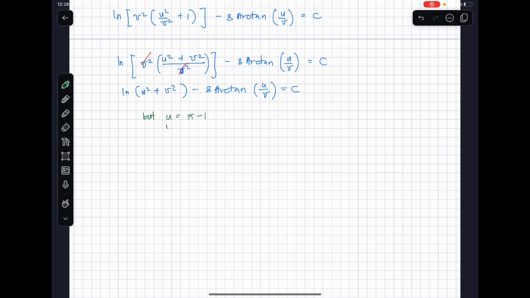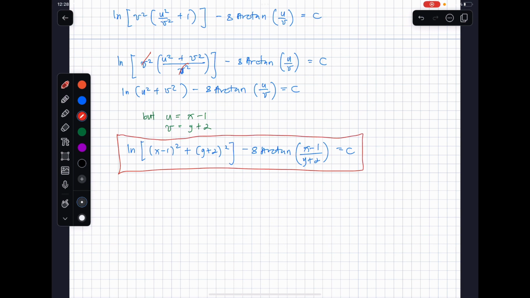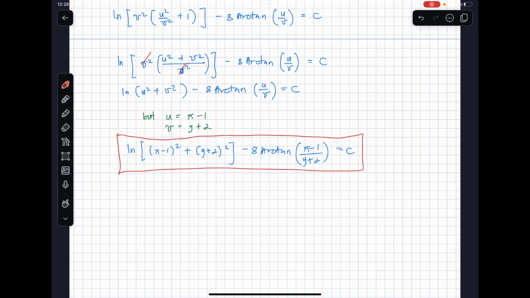So finally, we'll have ln, so u here is x minus 1 squared plus y plus 2 squared, minus 8 arctangent of x minus 1 over y plus 2 is equal to c. And that is our final answer.